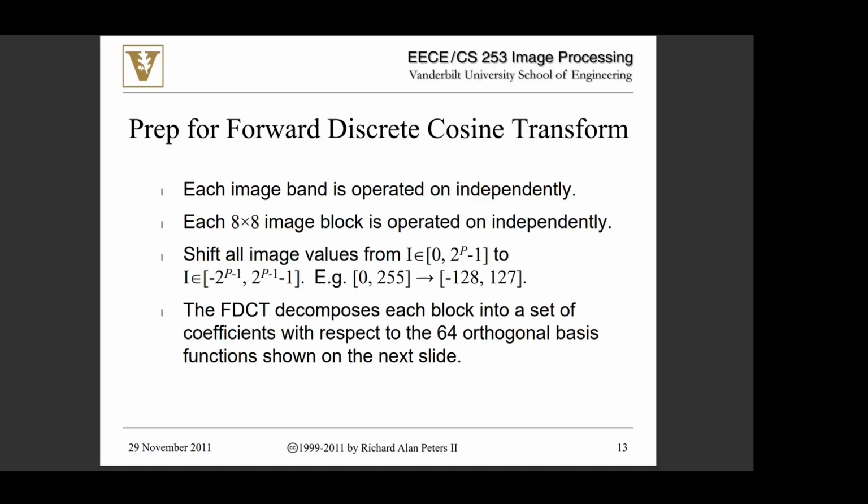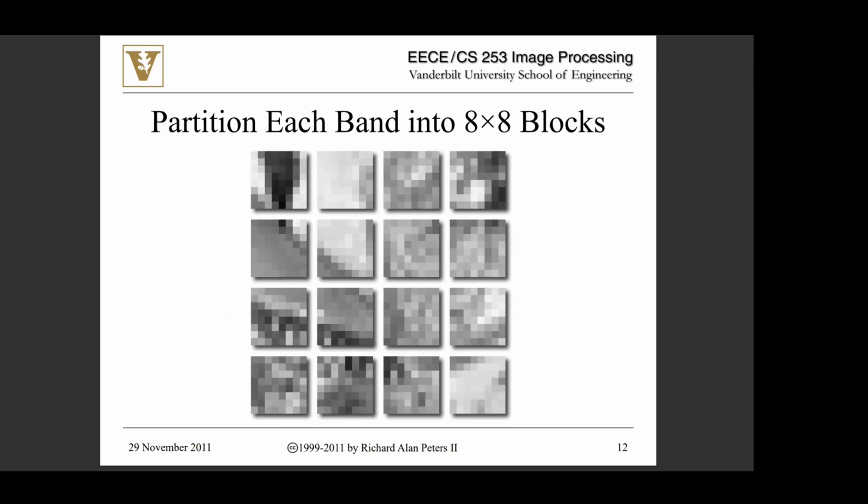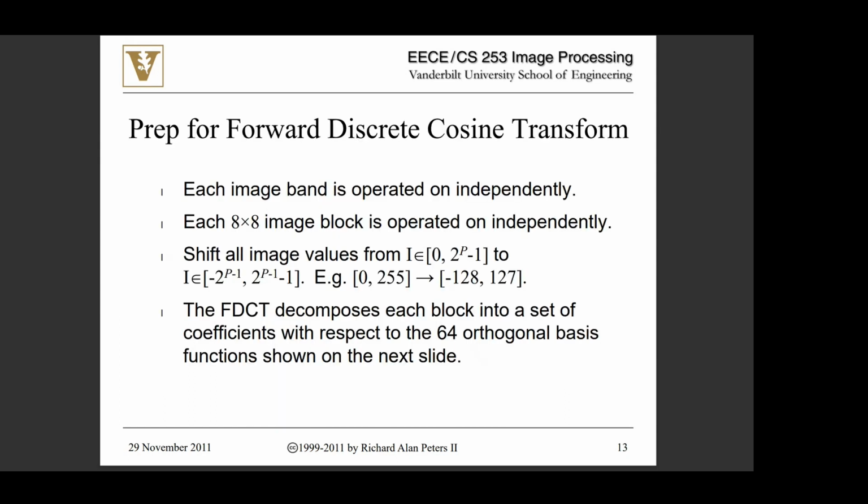Okay, so now each image band will be operated on independently. Each block within the bands will be operated on independently, and we shift the values. So these values went from 0 to 255. Now we subtract 128, so they go from minus 128 to 127.